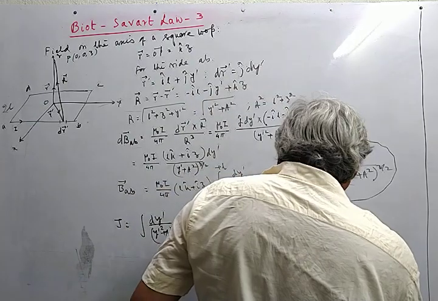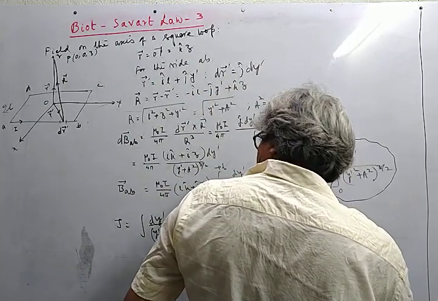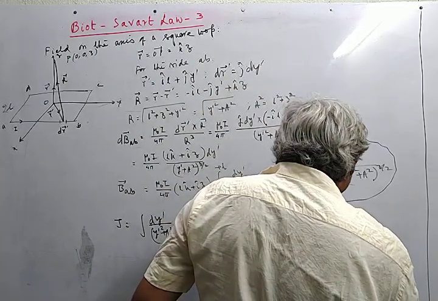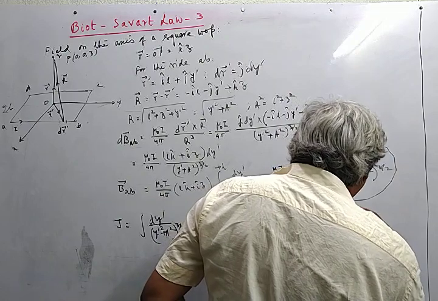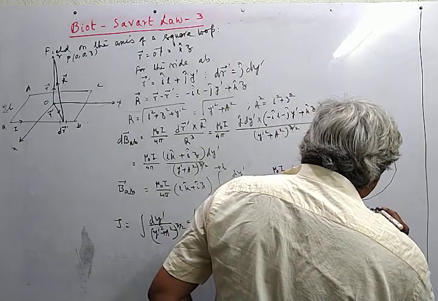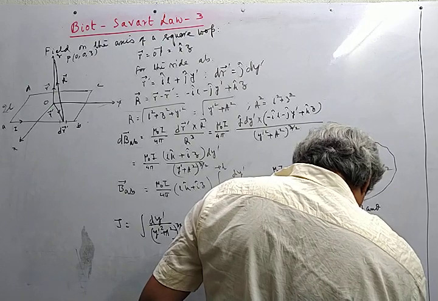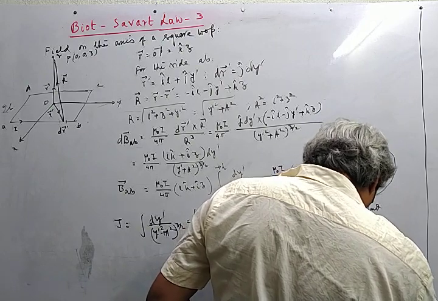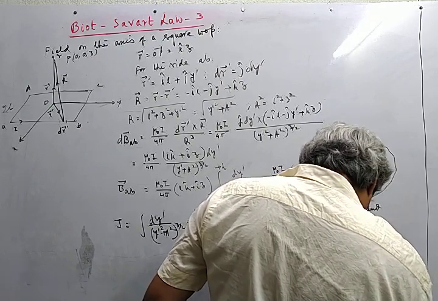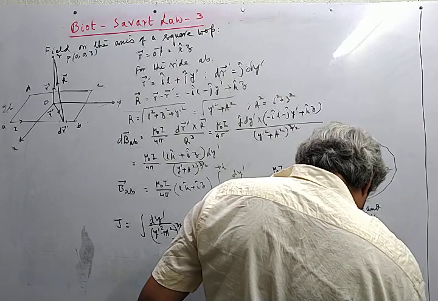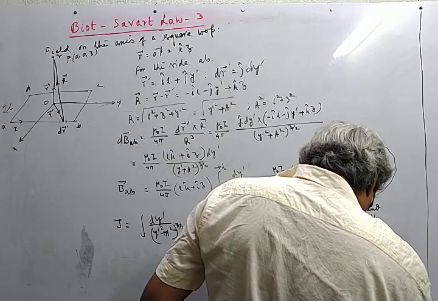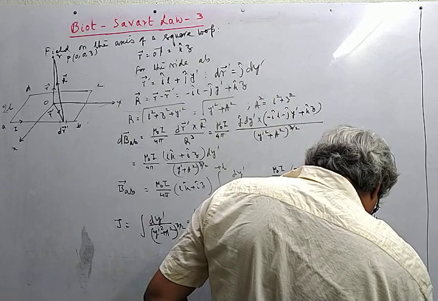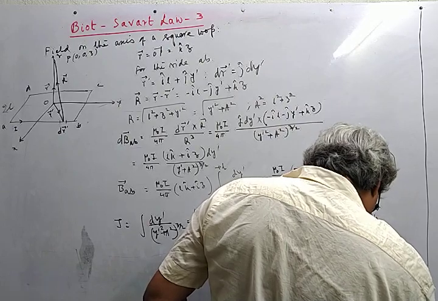Now with the substitution y prime is equal to a tan theta, tan theta is equal to y prime by a, so that sin theta is y prime by square root of a square plus y prime square.